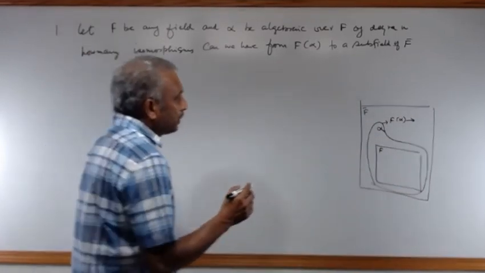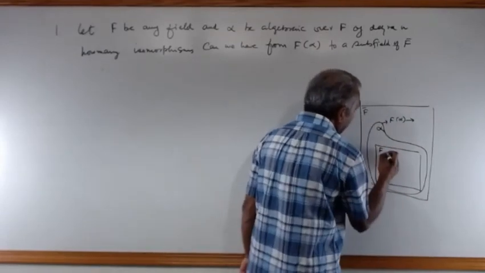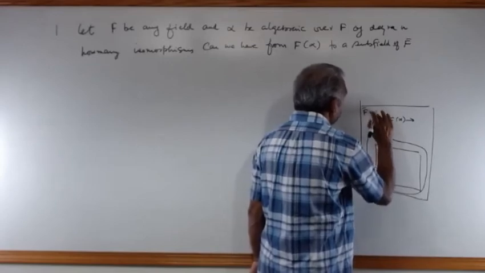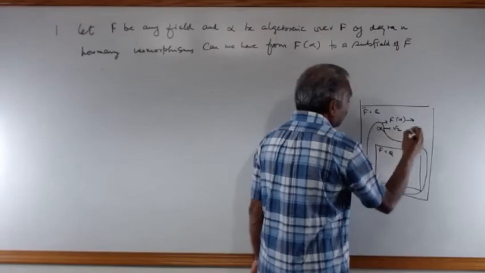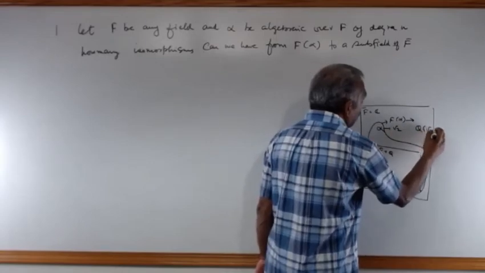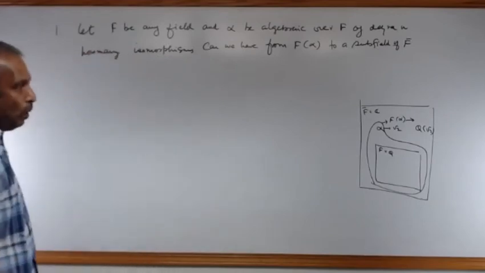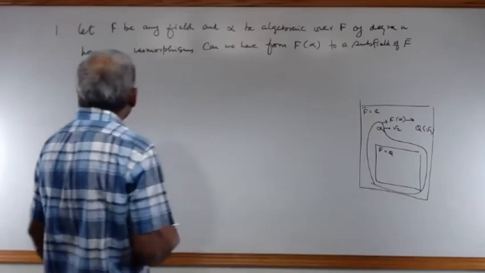How many of such isomorphisms can we have? For example, if this is equal to Q and this is equal to C and this is equal to root 2, I am talking about Q root 2. How many isomorphisms can we have onto a subfield of F closure?